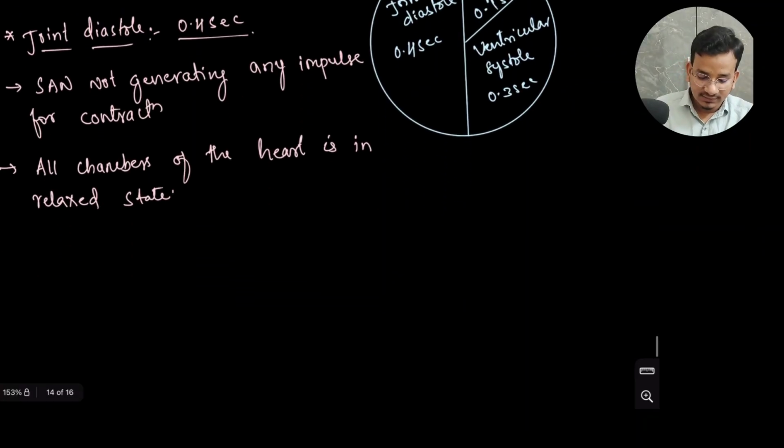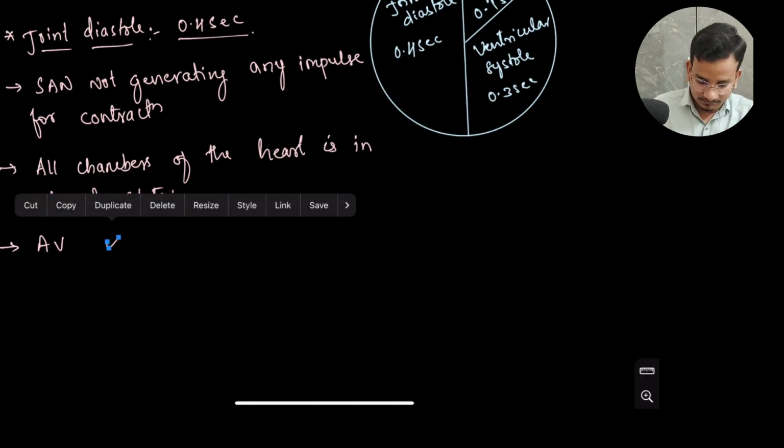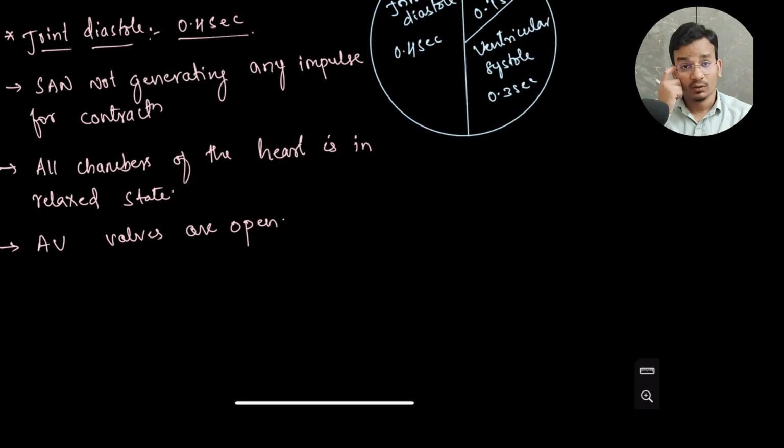Apart from that, the AV valves are open. The AV valves are present between the atria and the ventricles, as you have seen in the structure of the heart.